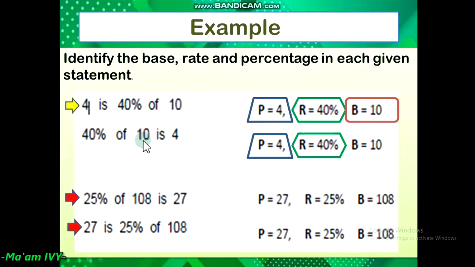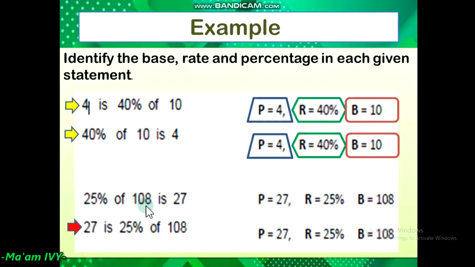And the base is 10 also. Can you see, kids, that whether we have the original statement or we interchange the positions of the given, we can still identify the same answer for the percentage, its rate, and its base?